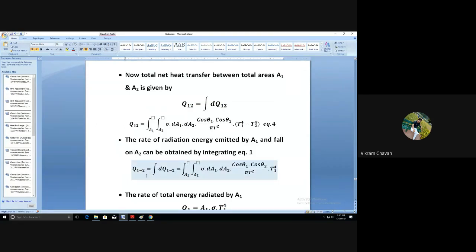So q1 to 2 will be equal to integration of dq1 to 2, and that will be equal to integration over the surface of A1 and another integration over the surface of A2 of the quantity sigma multiplied by dA1 multiplied by dA2 multiplied by cos theta 1 multiplied by cos theta 2 divided by pi r square multiplied by T1 raised to 4, only T1 raised to 4.